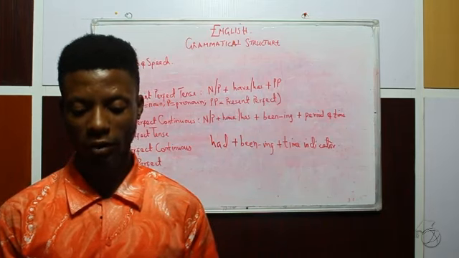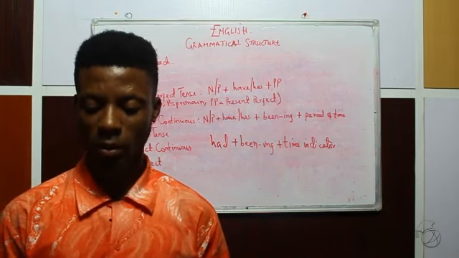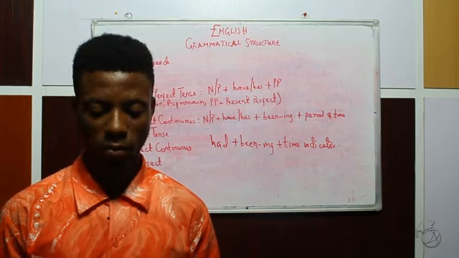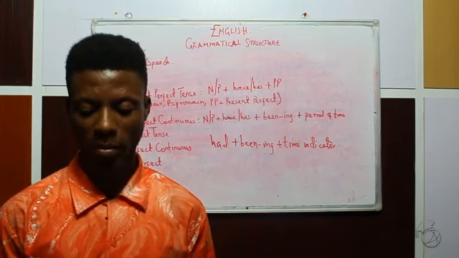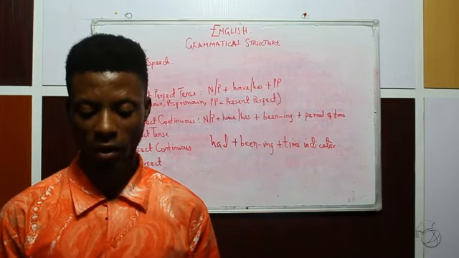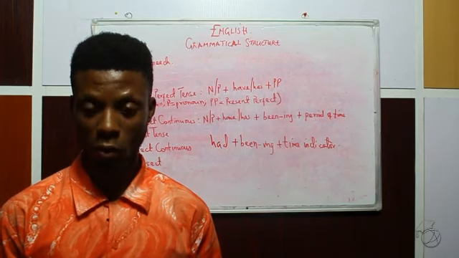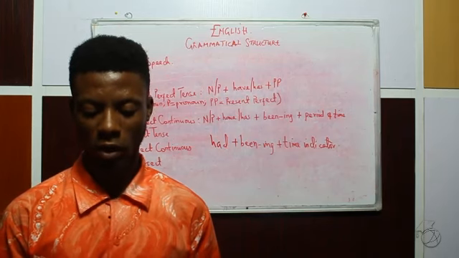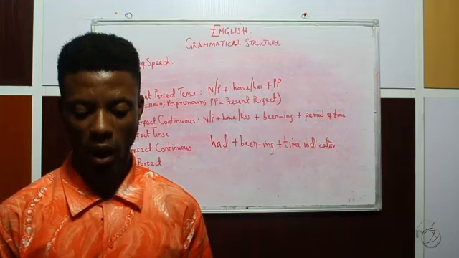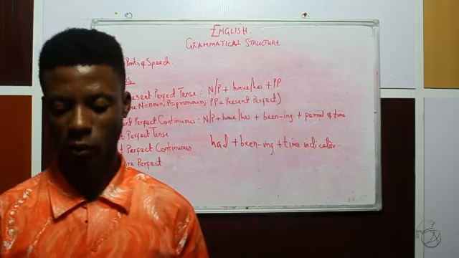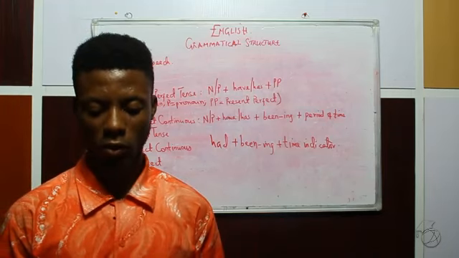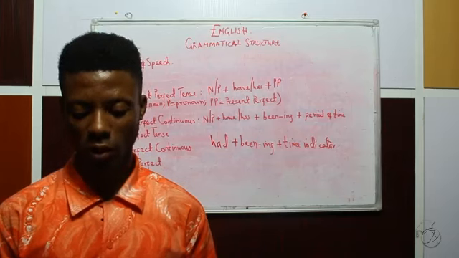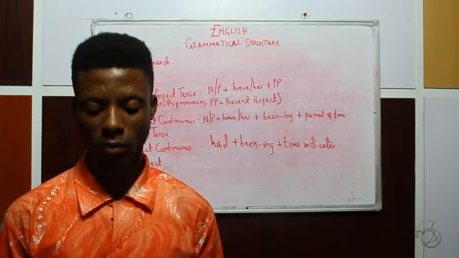The robber will have disappeared by the time the police arrive. Paul will have married her before her parents know. The soldier will have absconded when the whistle sounds.